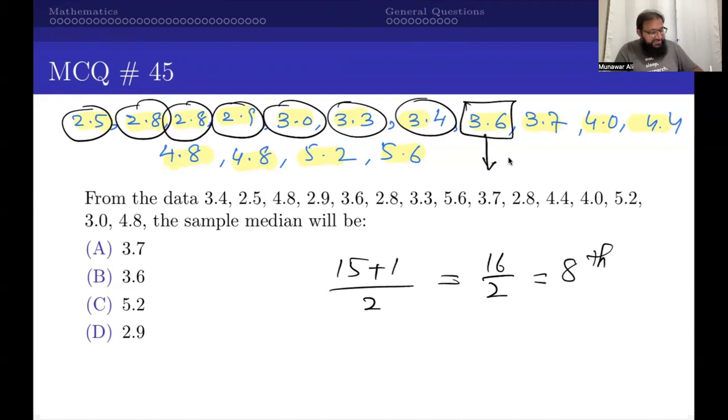So our median is 3.6 because this lies on the eighth position. So just arrange the data either in ascending or descending order and select the middle value. If there are two middle values, if the data is even, then you take the two middle values and take their arithmetic mean. But this is going to be simpler than that.